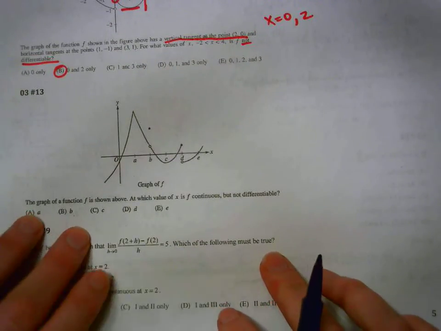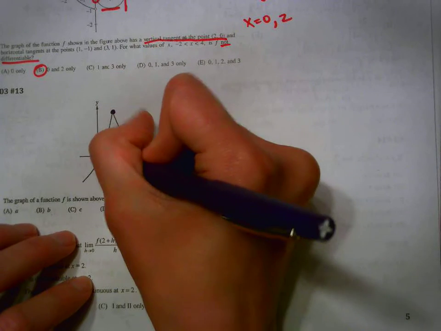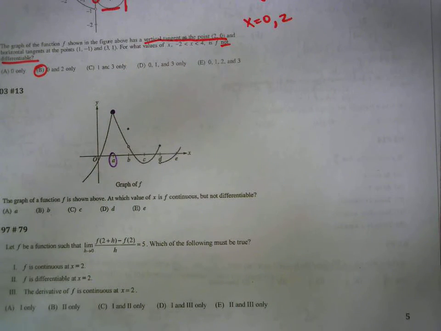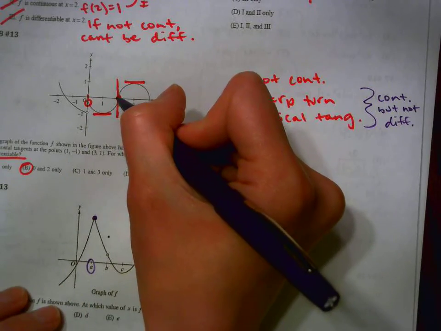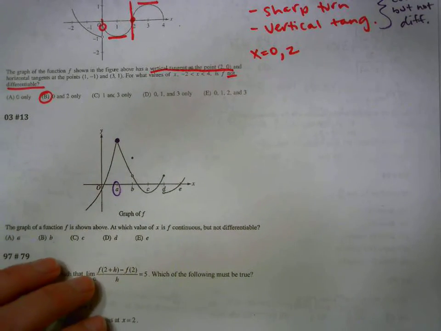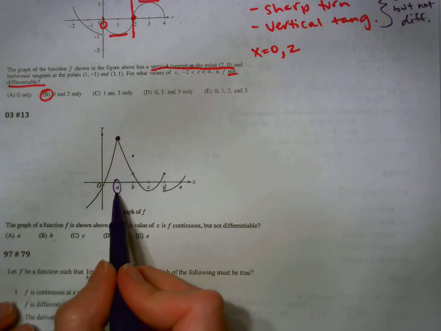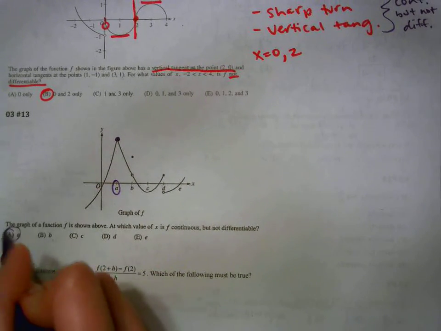So if you look on this graph, where is there a sharp turn? It would be at this point, at A. Is there any vertical tangent line? It's something that looks like this where it just switches concavity all of a sudden, and there's not. So the only spot that it's continuous but not differentiable is A.